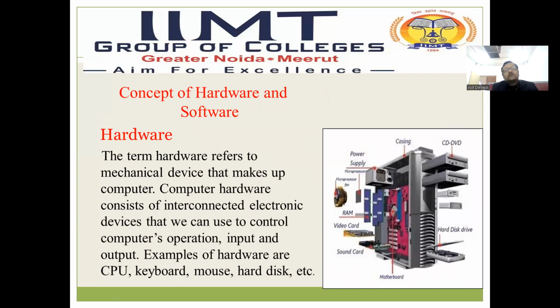Now, I will discuss the concept of hardware and software. What is hardware? Hardware is what we can touch in a computer. These are the physical components of the computer.